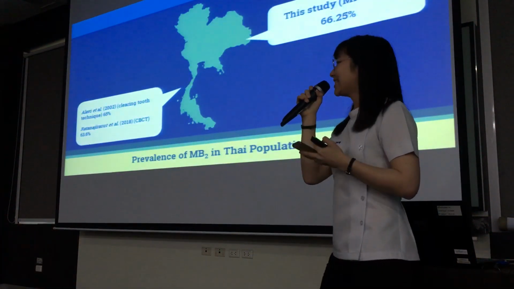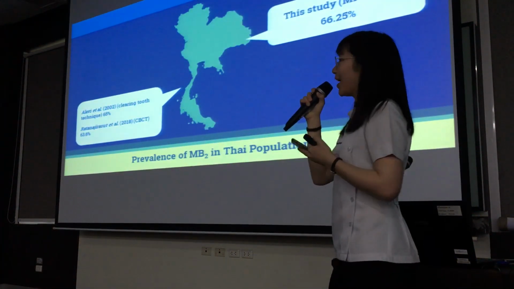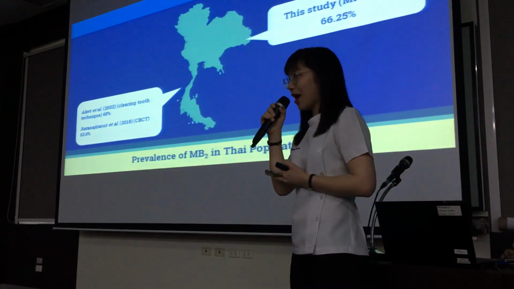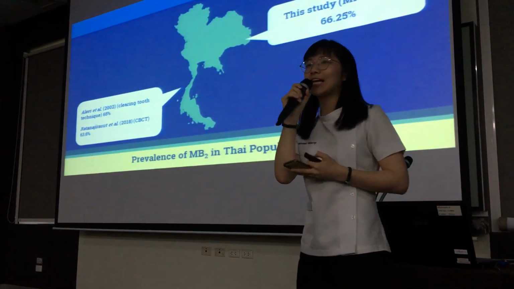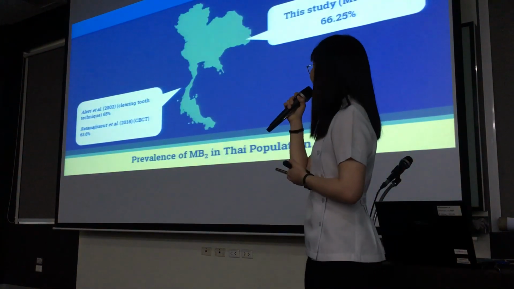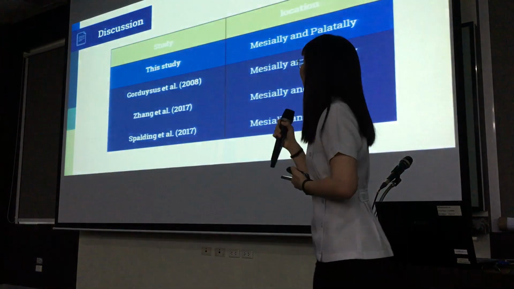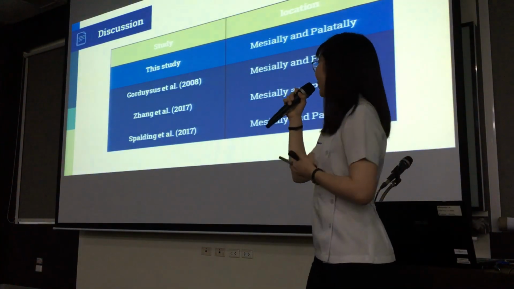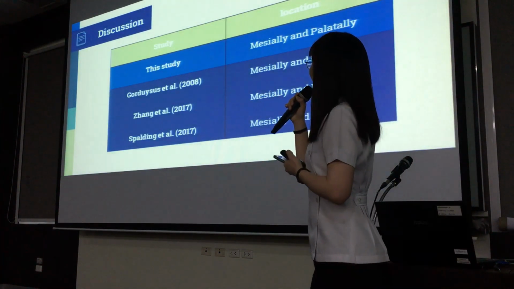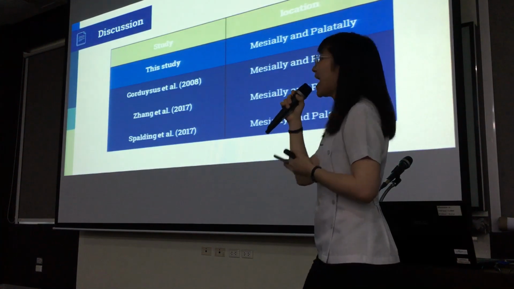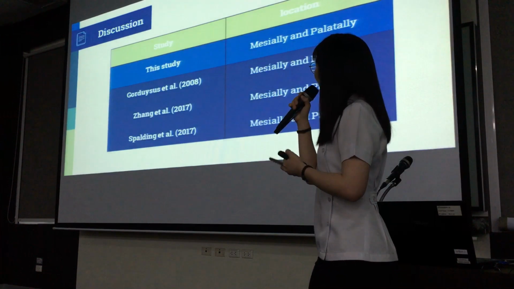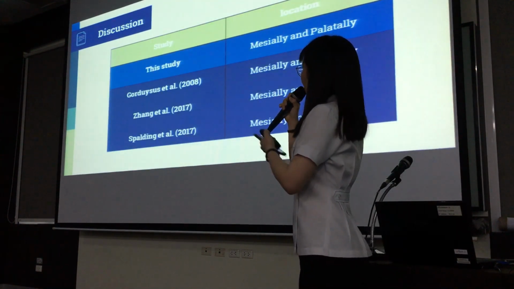The prevalence in Thailand of the mesiobuccal root canal was found to be 66.25%, which is similar to the previous study. The horizontal geometric location of the MB2 canal was found to be mesial and palatal to the MB1 orifice, similar to the previous study.